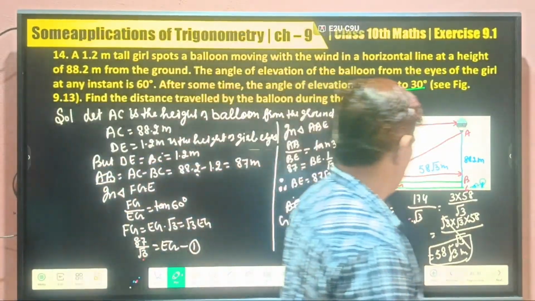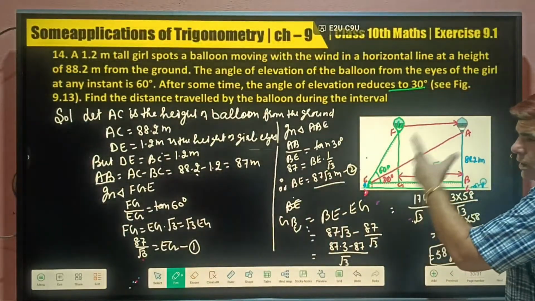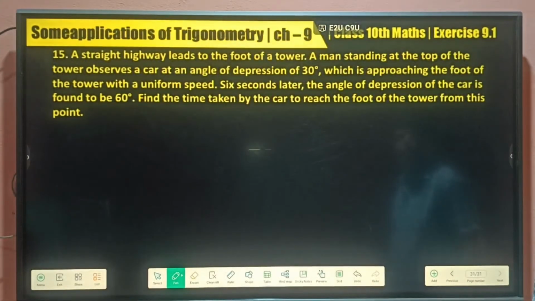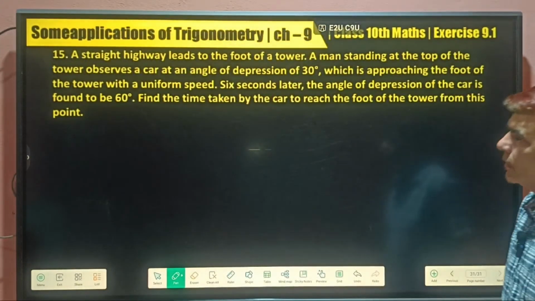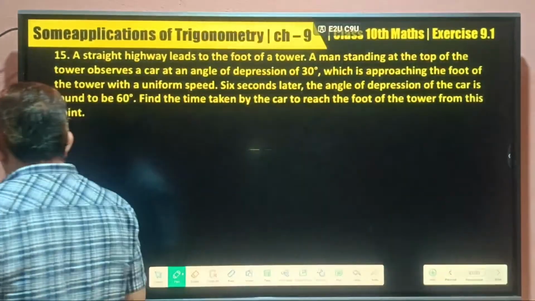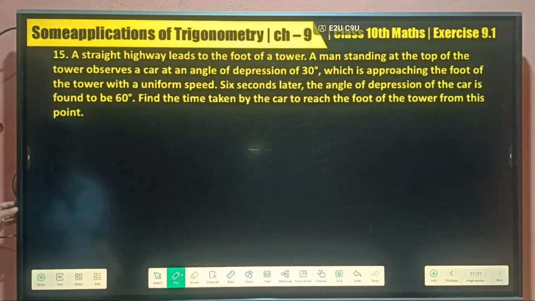I think you understood. Again, here we use 30 and 60 degrees. I already told you the use of these. This question is important.